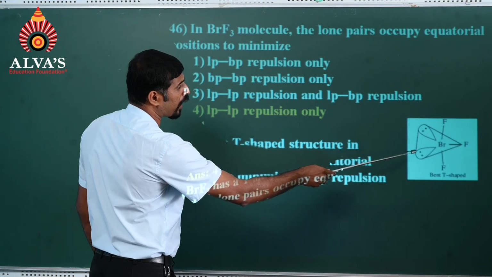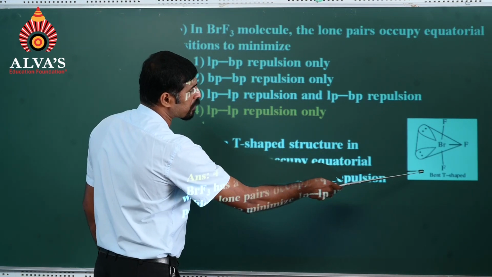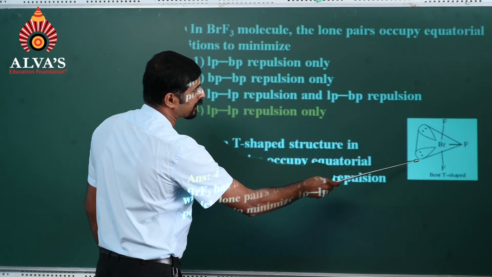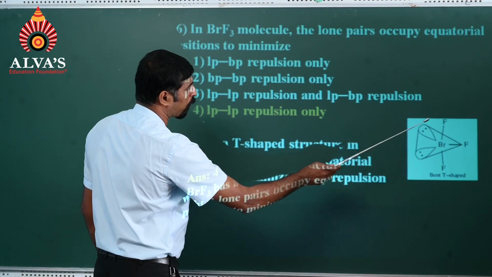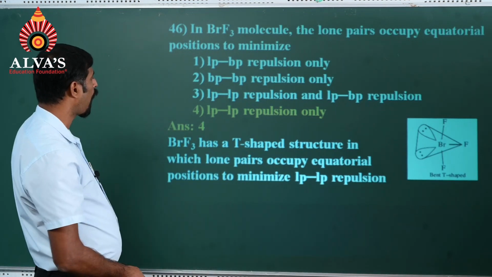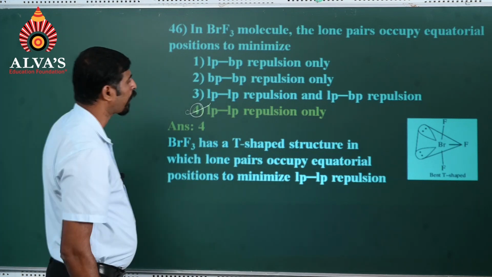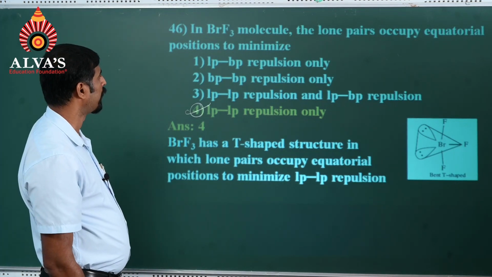See the structure of BrF3. It has a bent T-shaped structure where these two lone pairs occupy the equatorial positions. Hence, option 4 is the right answer. That is, lone pair repulsion only.